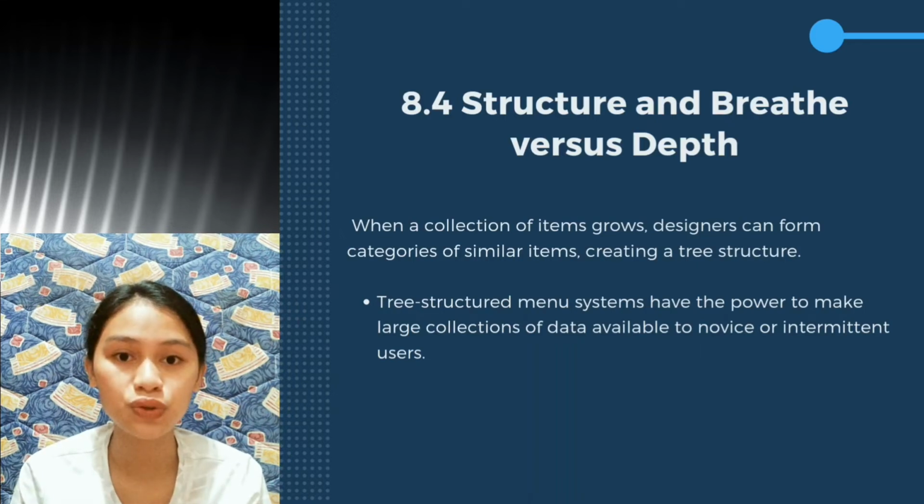Tree-structured menu systems have the power to make large collections of data available to novice or intermittent users. If each menu has 10 items, a menu tree with 4 levels has the capacity to lead an untrained user through a collection of 10,000 destinations. That number would be excessively large for a word processor, but realistic in a newspaper, a library, or an enterprise web portal.